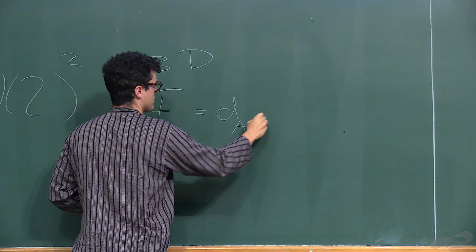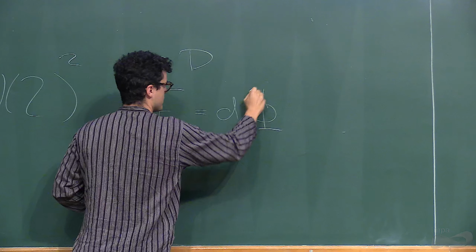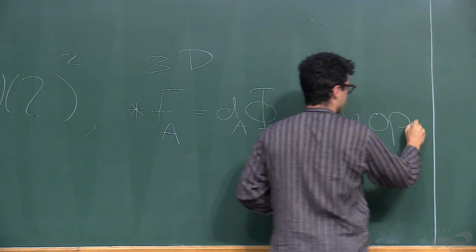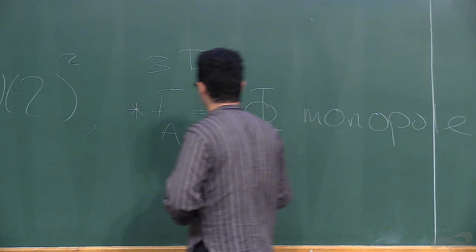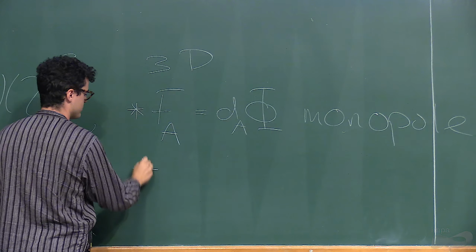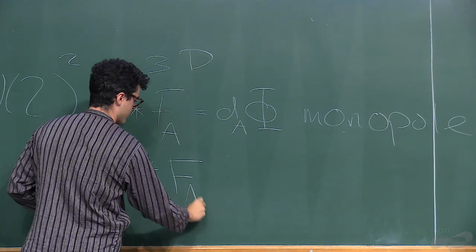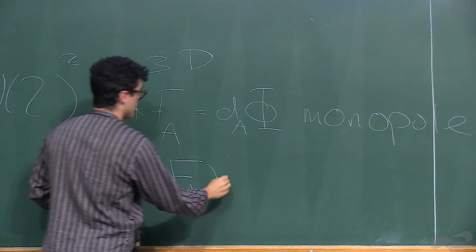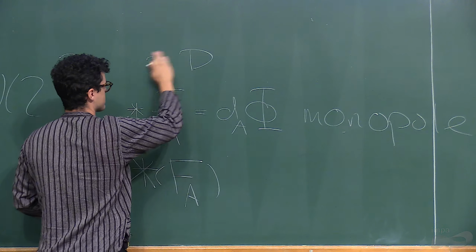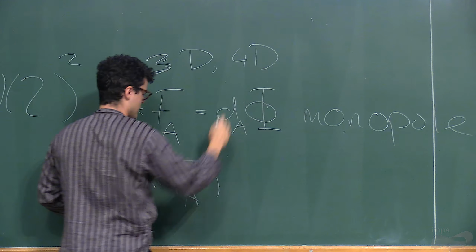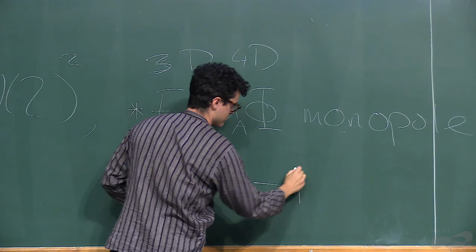So the same idea. And the instanton equation, which is star phi F_A. So this is 3D and 4D, is minus F_A.